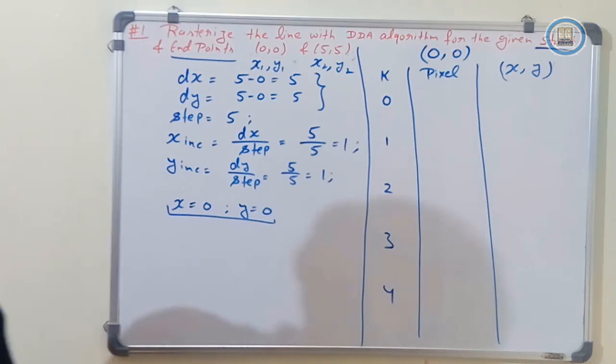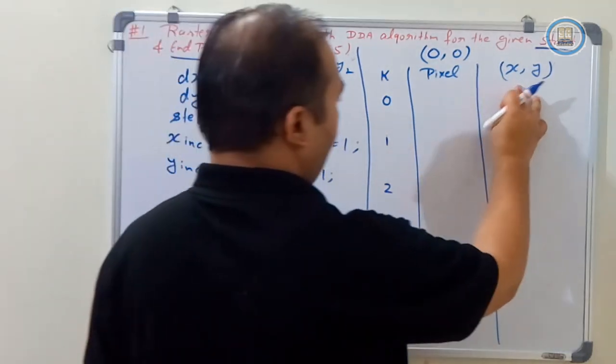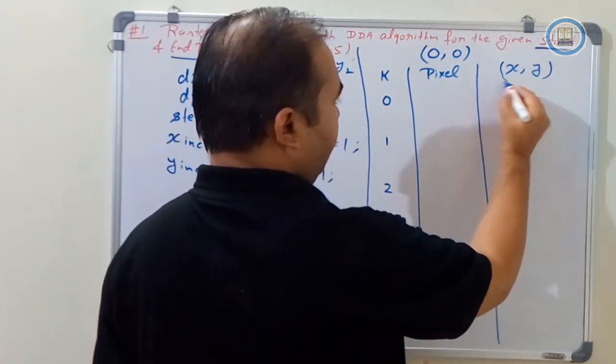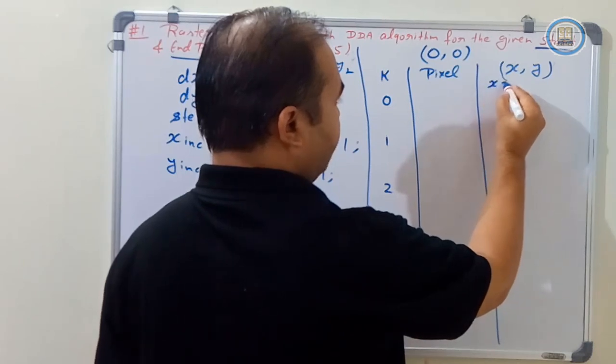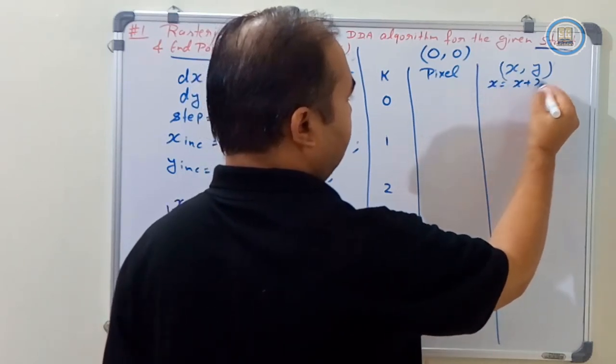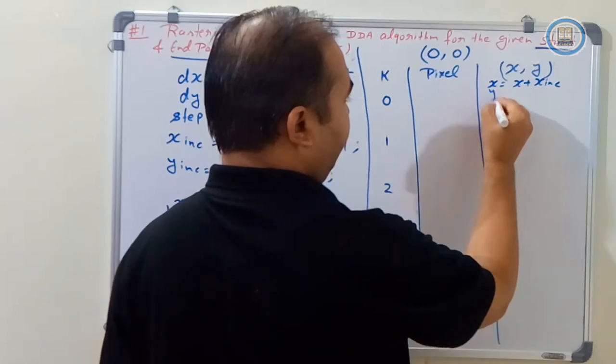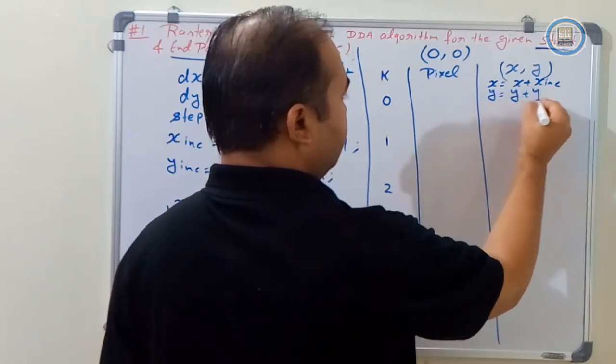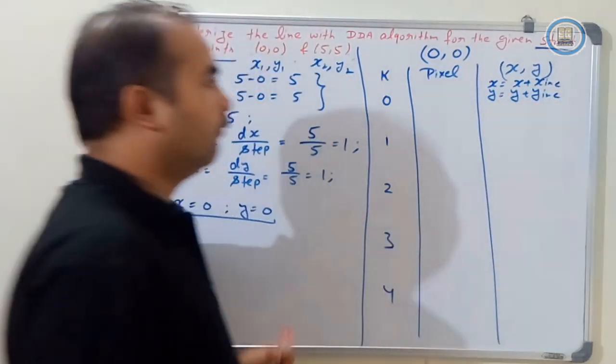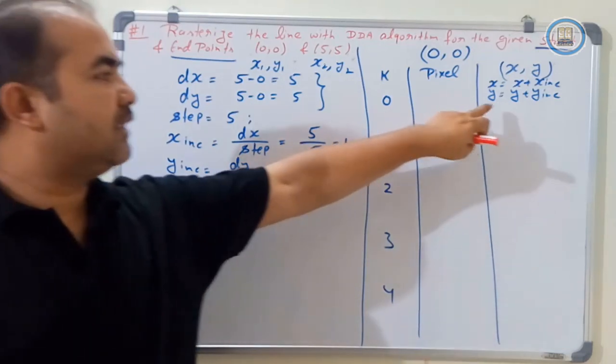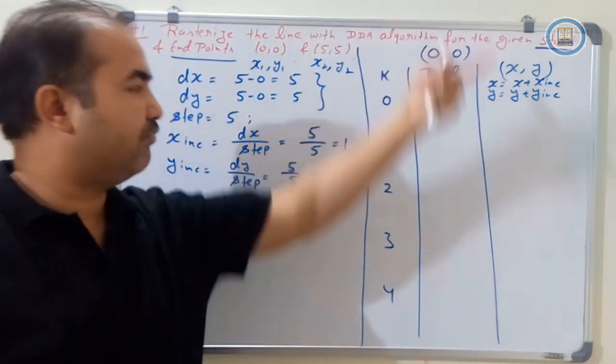The next thing is how we will calculate the value of x and y. We will follow the formula x equal to x plus x increment and y equal to y plus y increment. This is the formula given in the pseudocode inside the for loop.